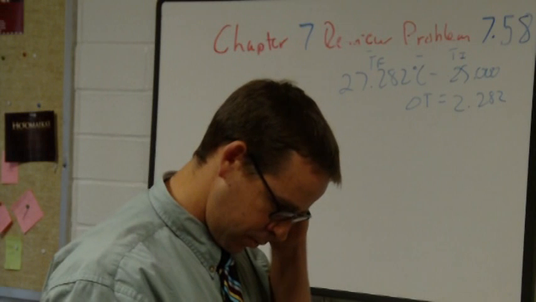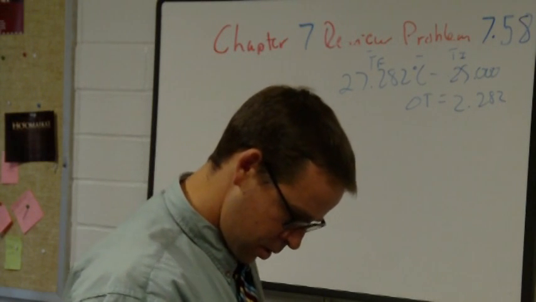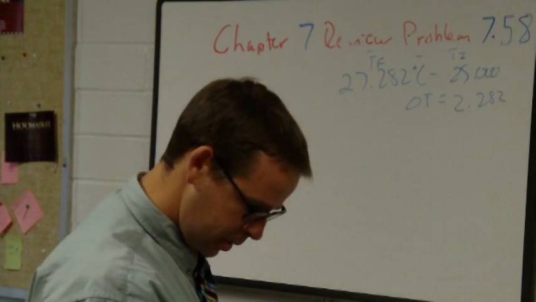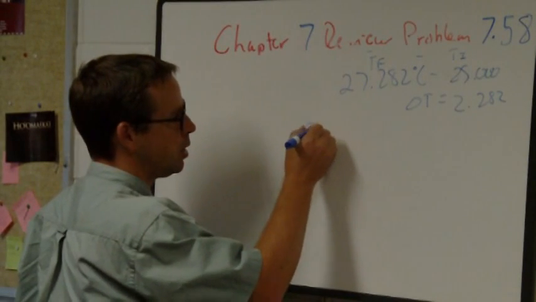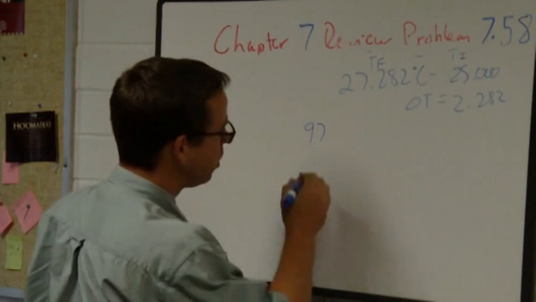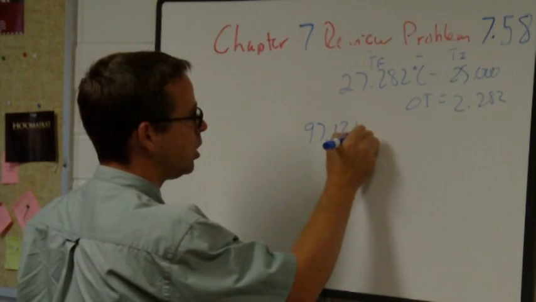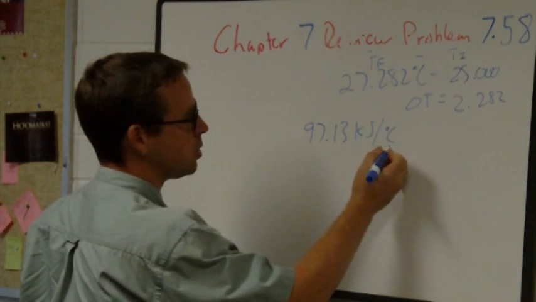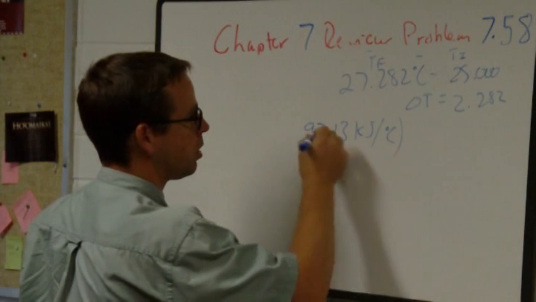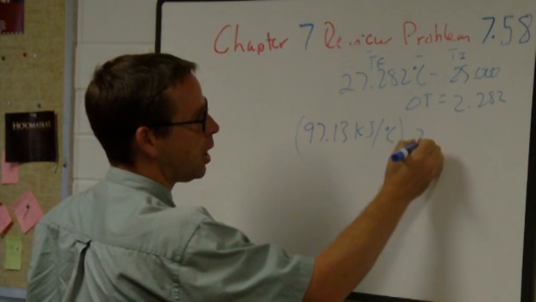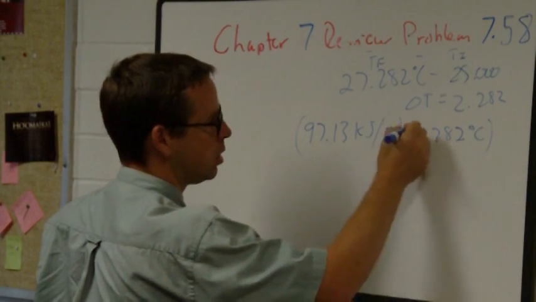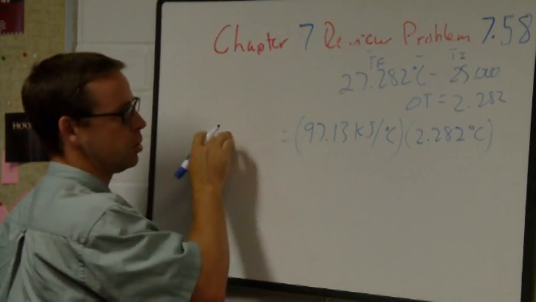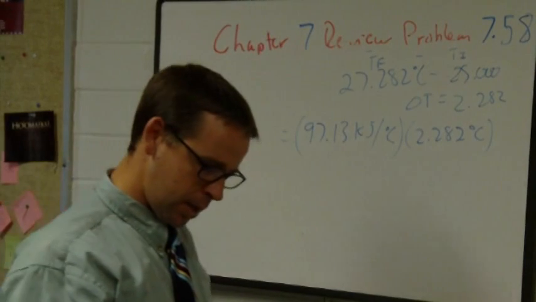The heat capacity is 97.13 kilojoules per degree Celsius, and this is how many degrees Celsius, right? So if we multiply that by 2.282 degrees Celsius, then this will tell us how many kilojoules were released by that reaction.